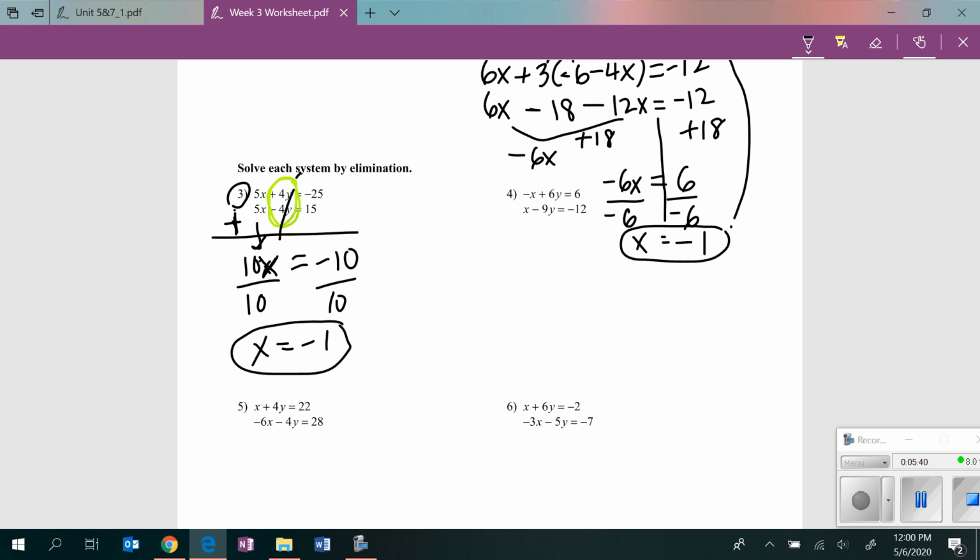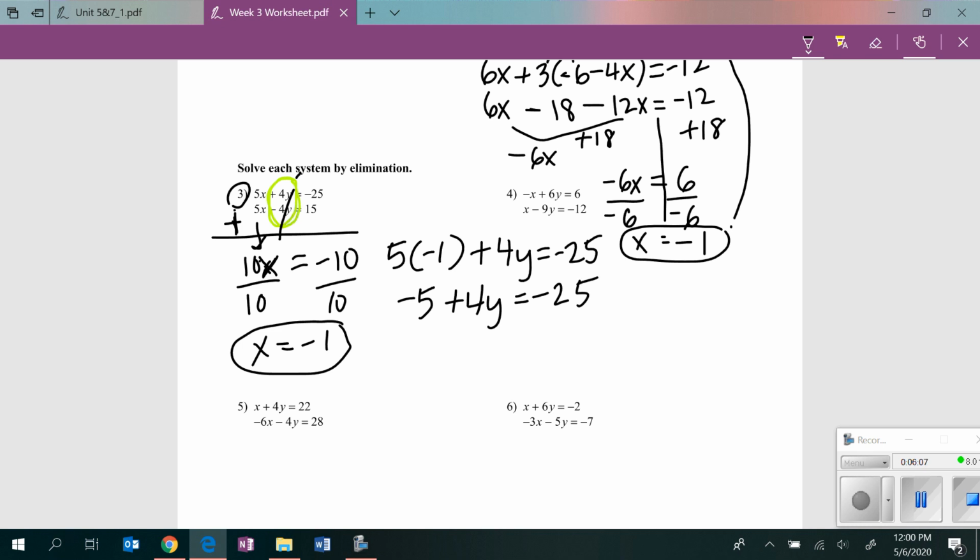Now that's the elimination step. All you have to do is plug it in, sort of like the substitution step, into one of your equations. And I'm going to use the first one, 5 times negative 1, because that was my x, plus 4y equals negative 25. This becomes a negative 5 plus 4y equals negative 25.